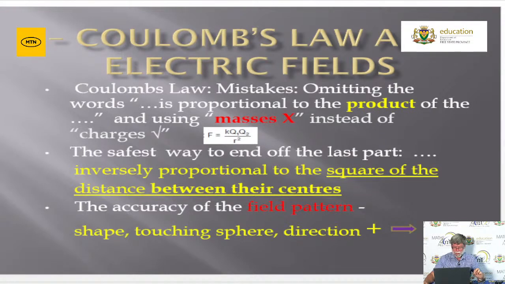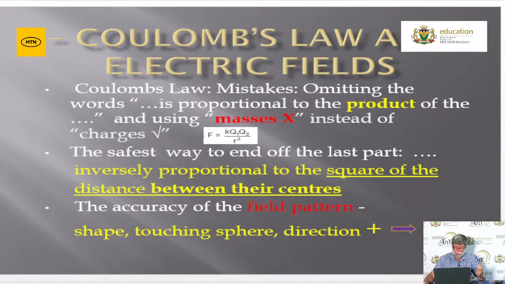Then on our field patterns, you can be asked to draw a field pattern for two opposite charged objects or two same charged objects or for a single charge. Remember that your field pattern must have an accurate shape. The examiners are nowadays really very strict on the shape.